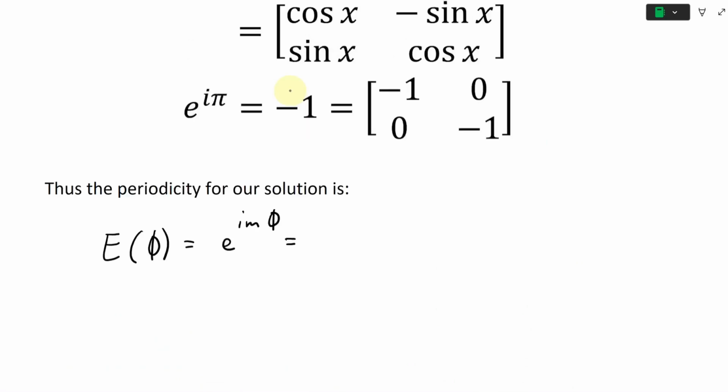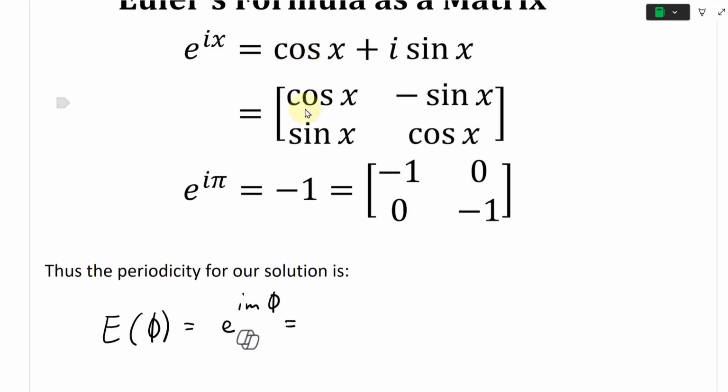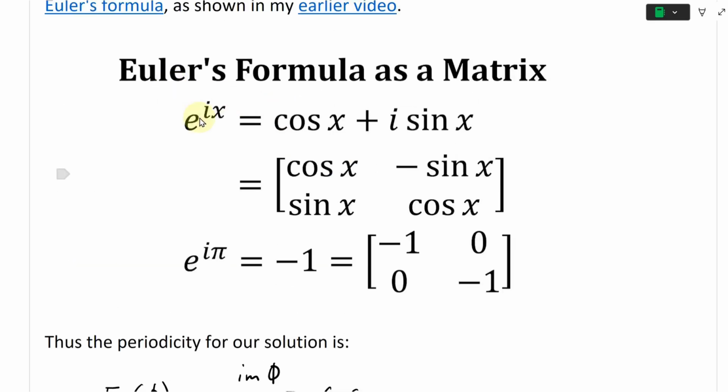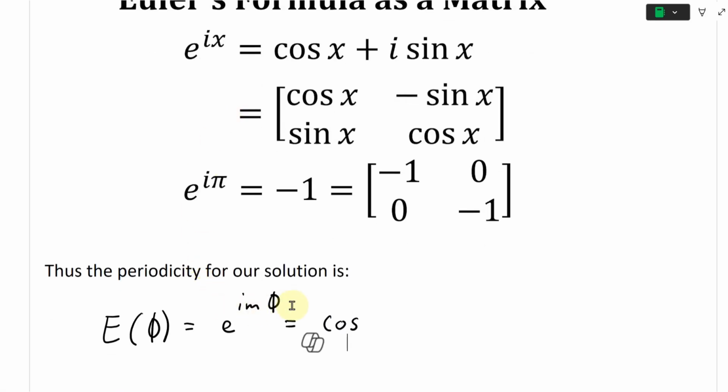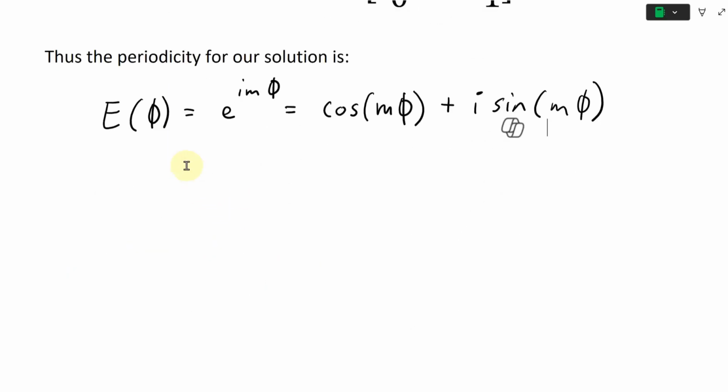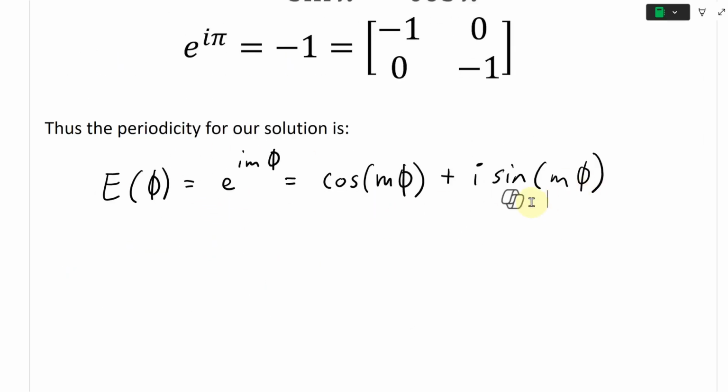Now by Euler's formula, this equals cosine of m phi plus i sine of m phi. All right, so that's since it's equivalent to the trigonometric setup here.